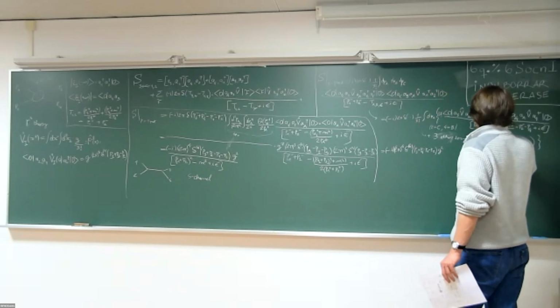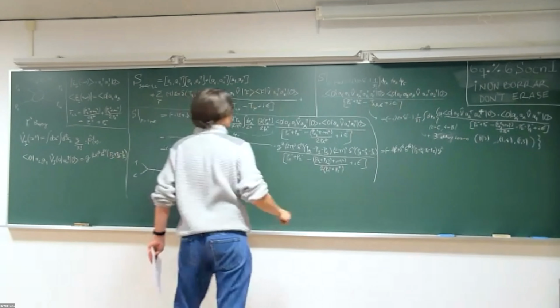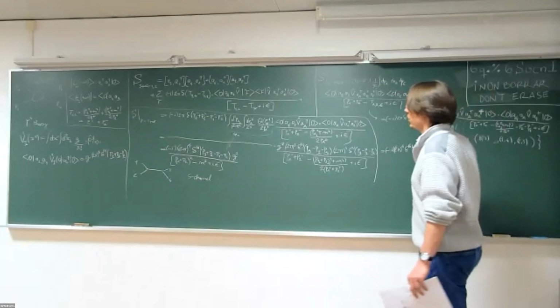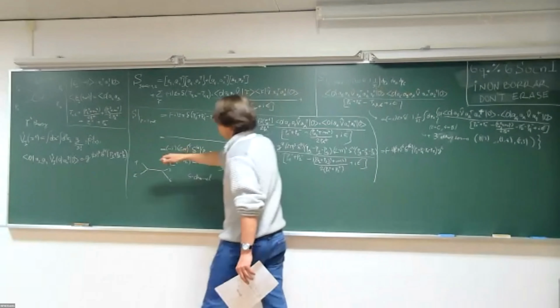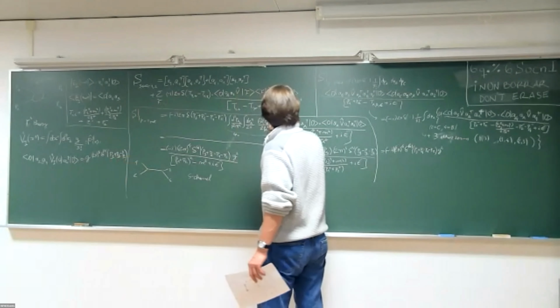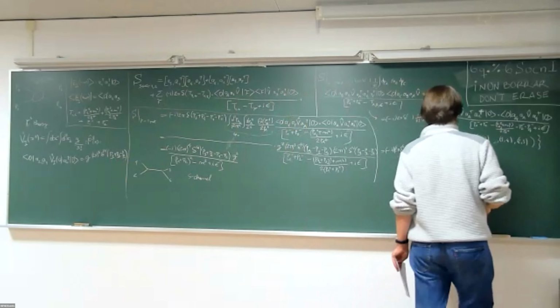And there will be also a 2 pi to the 3, which will make this integral possible. But if you have only that, you see that you get rid of that part, but there is still the theta over 2p plus, which is still there.